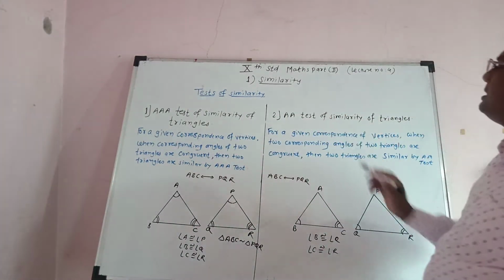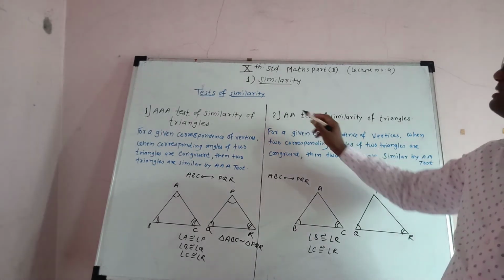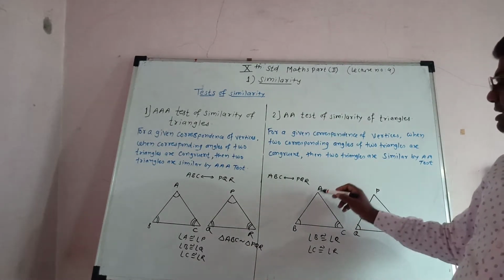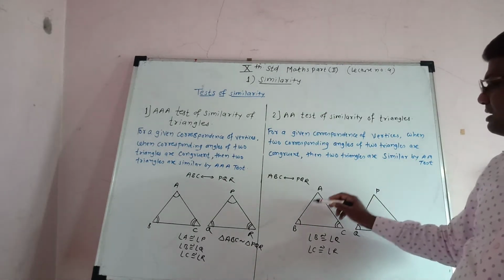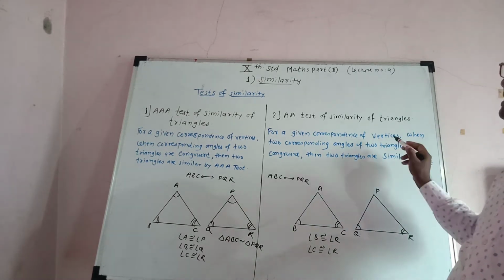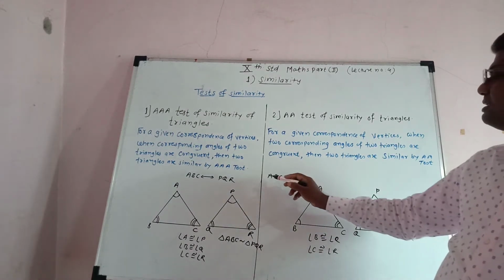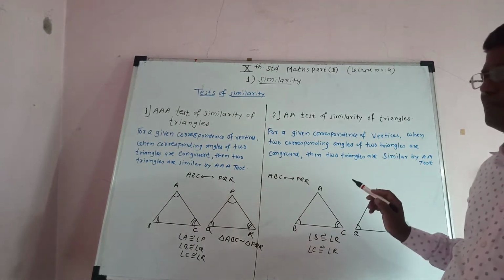Number 2 test of similarity of triangles is the AA test, angle, angle test. Here also consider two triangles, triangle ABC and triangle PQR, with the given correspondence ABC corresponding to PQR.